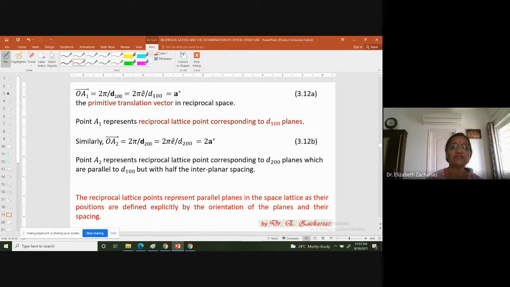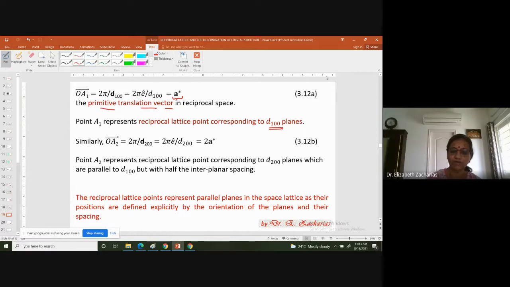Now we want to give it a direction. So let e cap be the unit vector in the direction of OA1. Since it's a reciprocal lattice primitive vector, we call it a star. This a star is the primitive translation vector in the reciprocal space, and it denotes a family of parallel 100 planes in the space lattice. Space lattice means the original space, and this is reciprocal space. The point A1 represents the reciprocal lattice point corresponding to all these D100 planes.